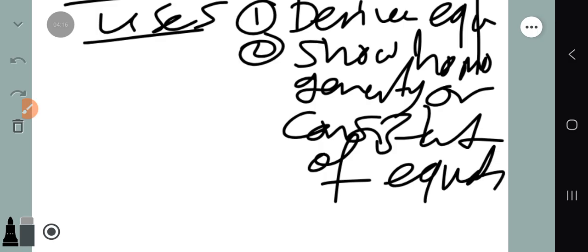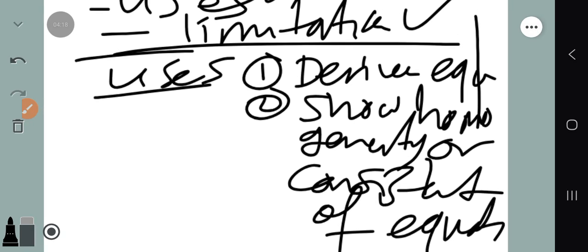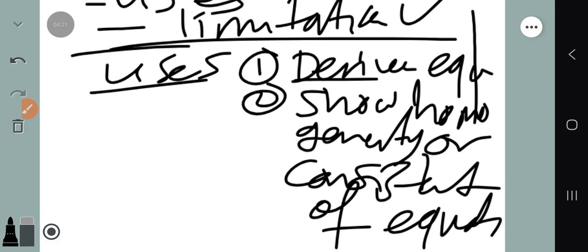So these are the two most important uses of dimensional analysis. Number one, they are used to derive equations. Number two, they are used to show homogeneity or consistency of an equation.